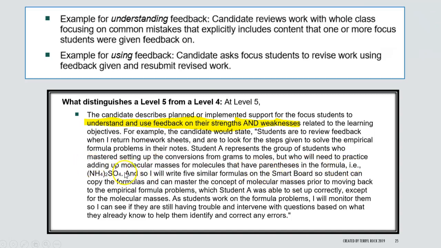And so I will write 5 similar formulas on the smartboard so students can copy the formulas and can master the concept of molecular masses prior to moving on. So anyway, it's a pretty detailed answer.